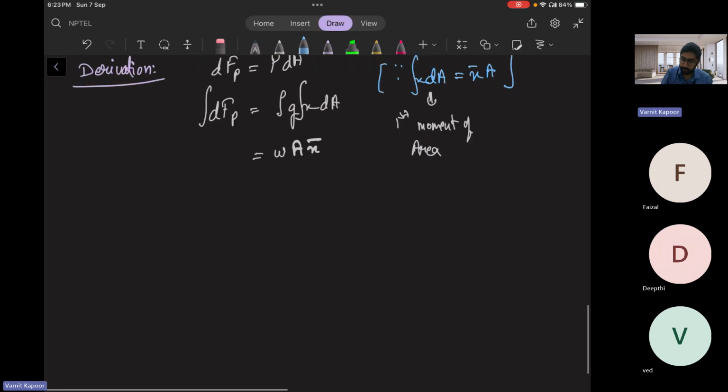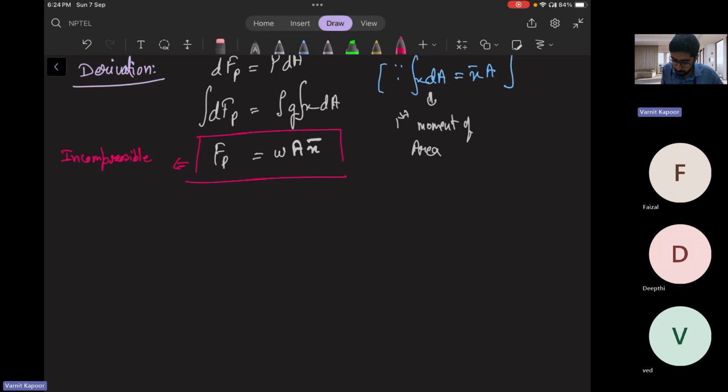So if you integrate it, Fp comes out to be W A x bar, as proved. W A x bar, and it is only for incompressible fluid, to be noted here, because density doesn't vary.